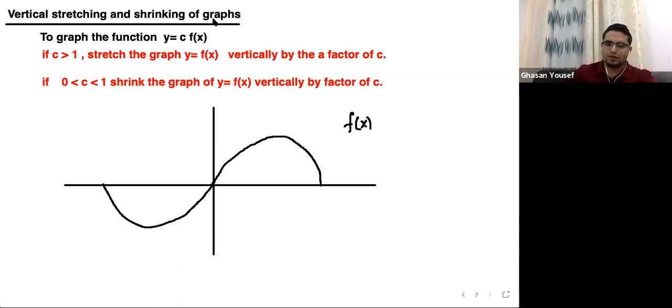Now, to graph the function y equals c times f of x, where c is greater than 1, it's going to be stretching. The stretch for this function is something like this, up and down, stretching vertically.